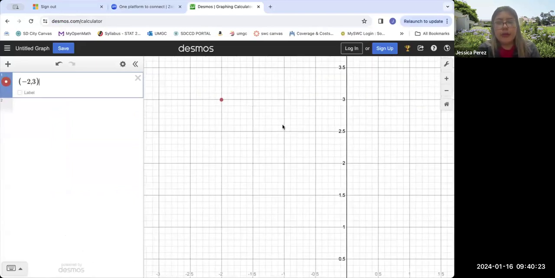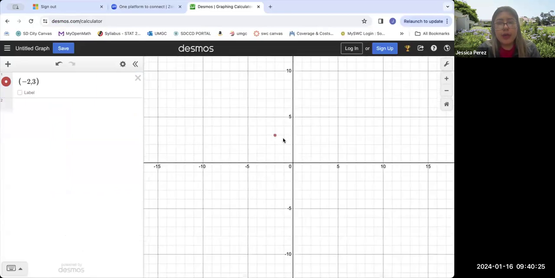Now from here, I want to go up 5, so I'm going to use, let's say, this point. I'm going to use an annotation. I'm not sure if I can do a text. No, it's not letting me do a text. That's okay.